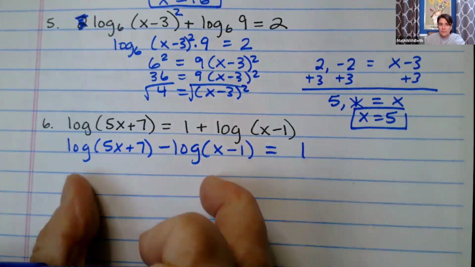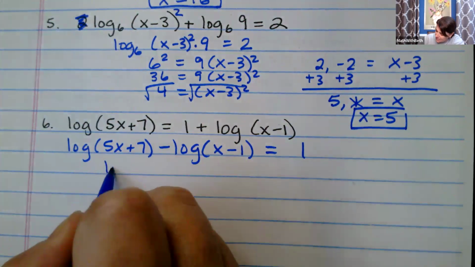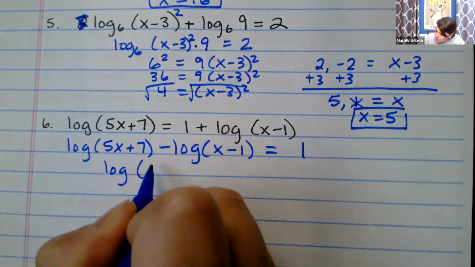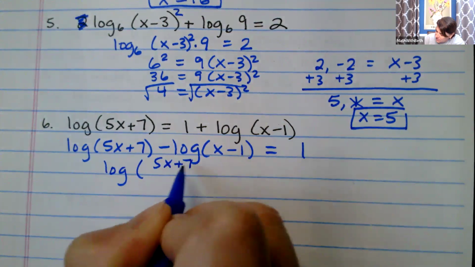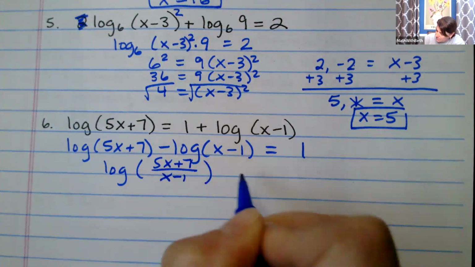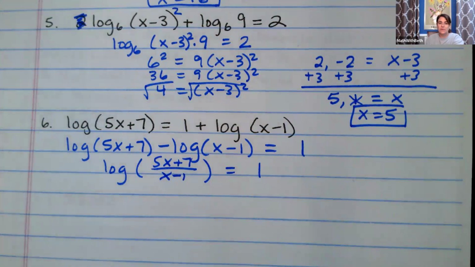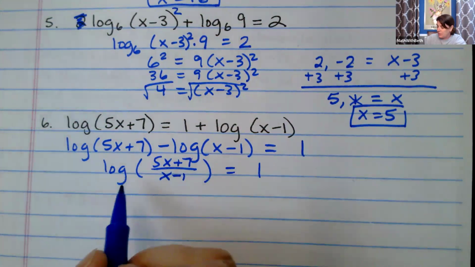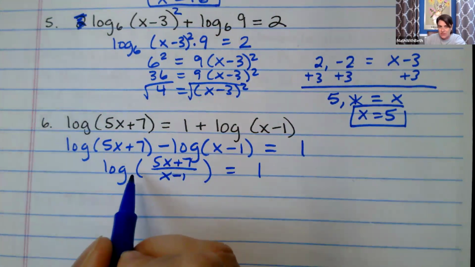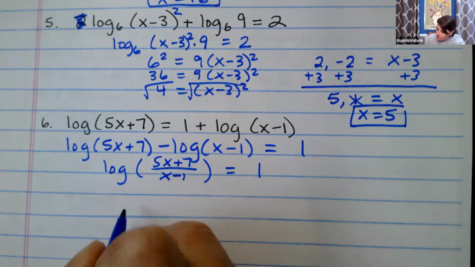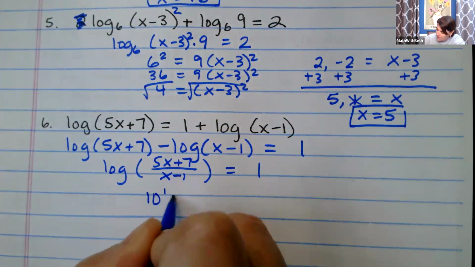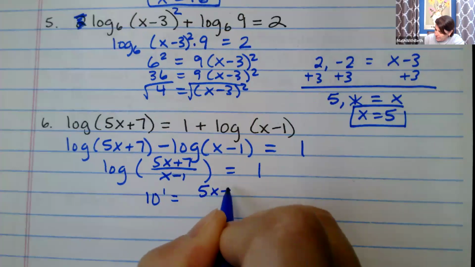So instead of having 2 logs being subtracted, I can condense them into 1 log with division. And so now I can rewrite the problem starting with the little base, which is 10 because there's nothing there. So 10 to the first power equals all of that.